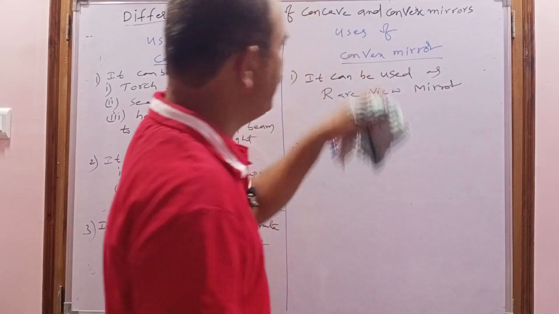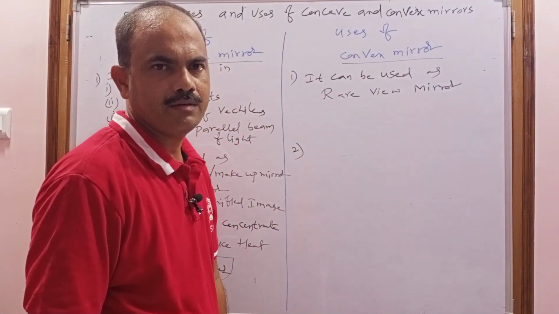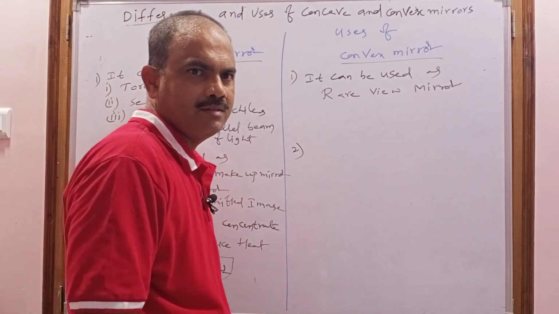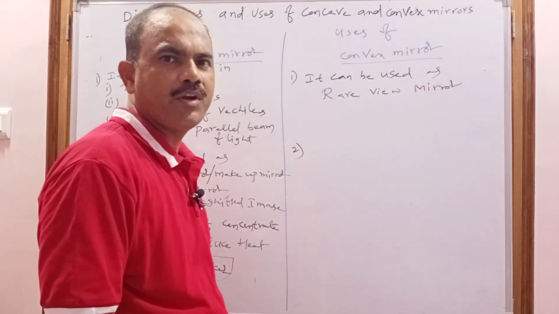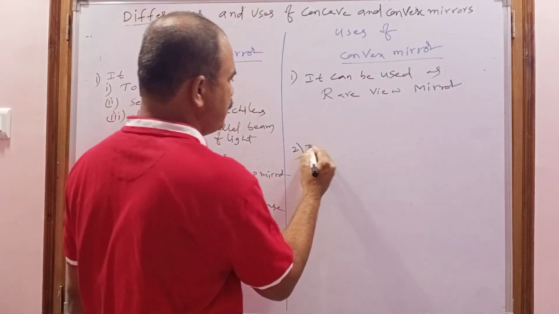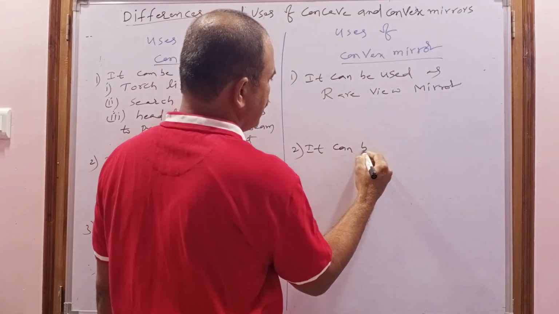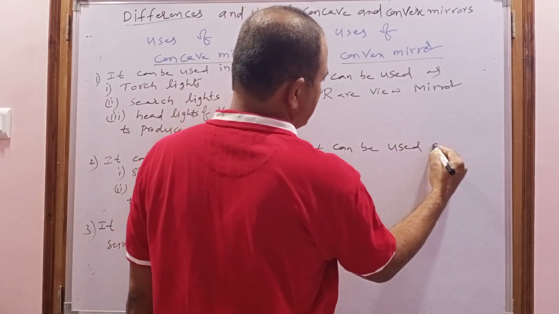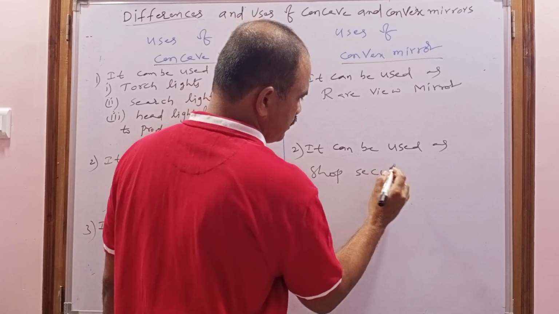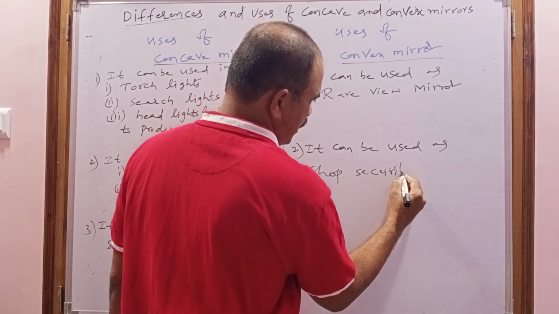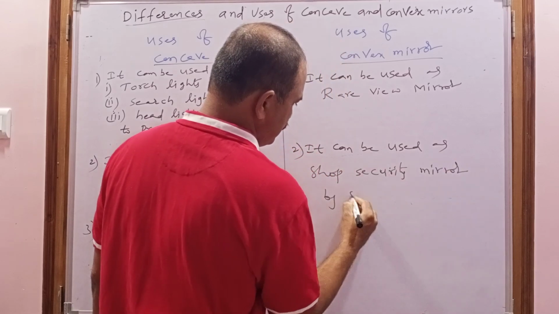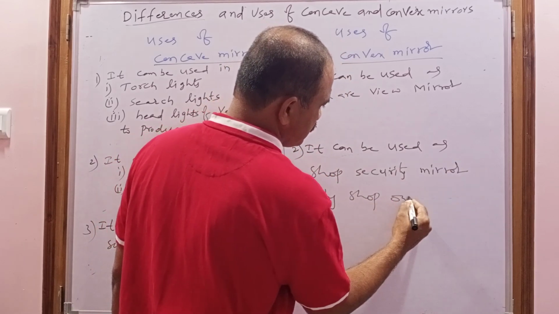Which type of mirror is that? Convex mirror. The convex mirror is used as a shop security mirror by shop owners.